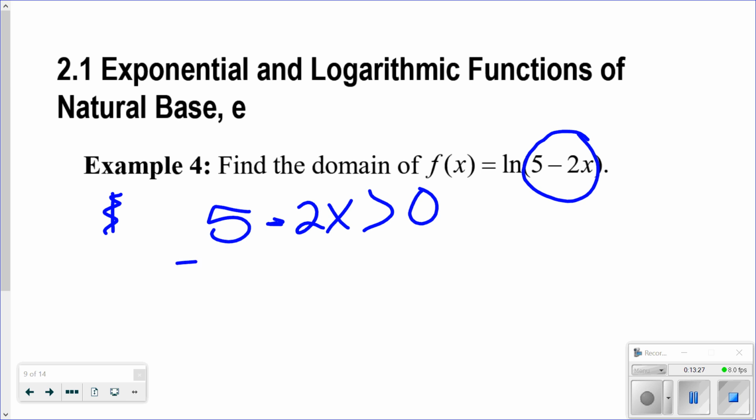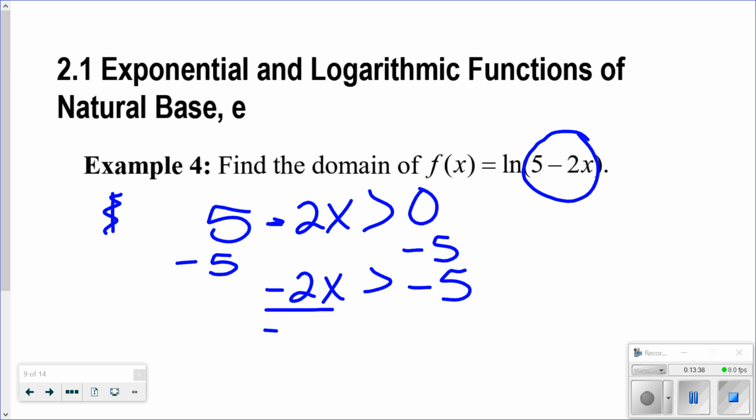So the first thing we're going to do is subtract 5 from both sides. So I have negative 2x is greater than negative 5. Now I'm going to divide by negative 2. Remember, this is an inequality symbol. So when I divide by that negative, it flips the inequality sign.